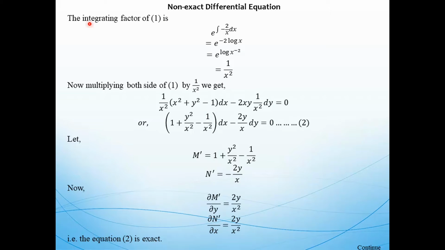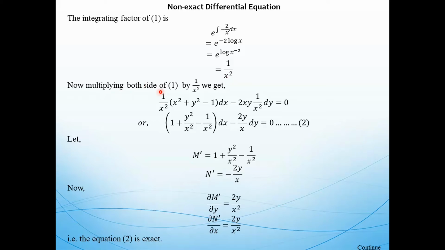Now the integrating factor of 1 is e to the power integration of minus 2 by x dx. Then by integrating this, we can write e to the power minus 2 log x, that is e to the power log x inverse 2. From this line we can write 1 by x square.